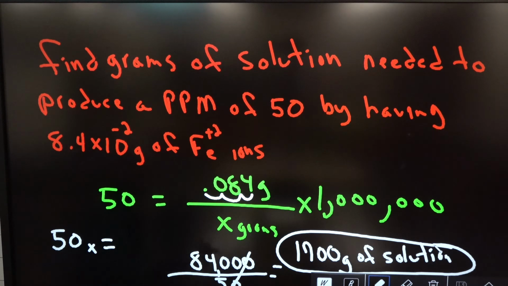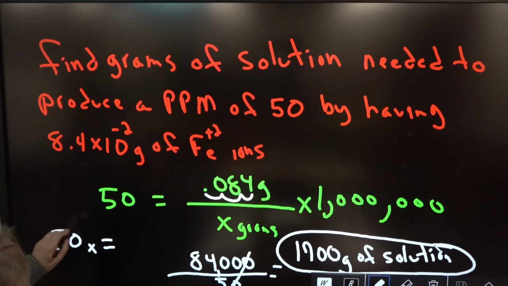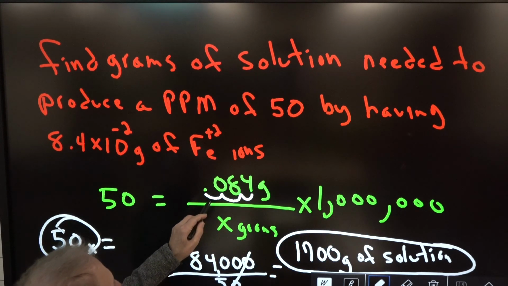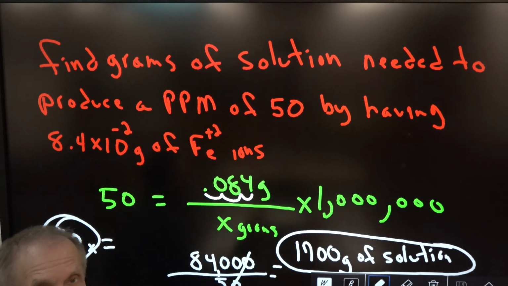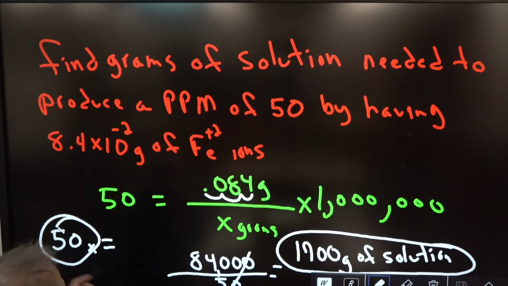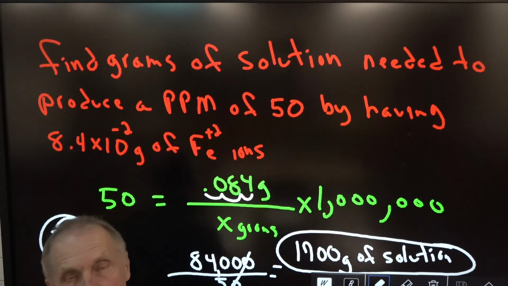So one more time, if x is in the denominator, multiply it by the ppm. That's how we got 50x. And then multiply a million times 0.084 in your calculator, or just move the decimal points. That'll give you 84,000. 84,000 divided by 50 is 1,700 grams of solution.